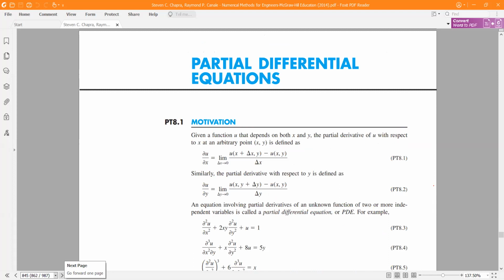Partial differential equations. Although we are not considering analytical solutions in depth, analytical technique is needed, because unless you have the analytical solution available, you cannot study the effectiveness of your algorithm.